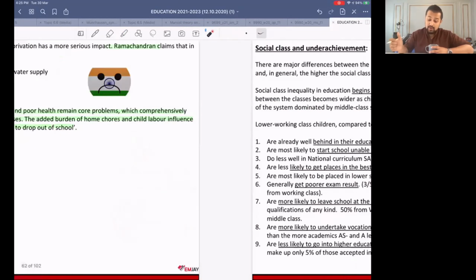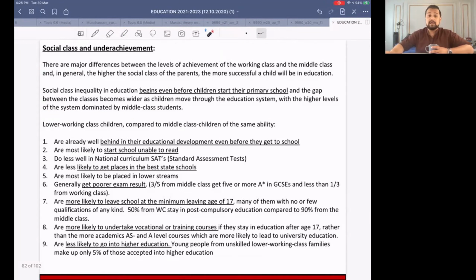Now, moving on. If you talk about social class and underachievement, when I talk about social class and underachievement, I am actually referring to the working class, the pupils from a working class background, how they underachieve, right? The major differences between the levels of achievement of the working class and middle class in general. The higher the social class of the parent, the more successful a child will be in education.